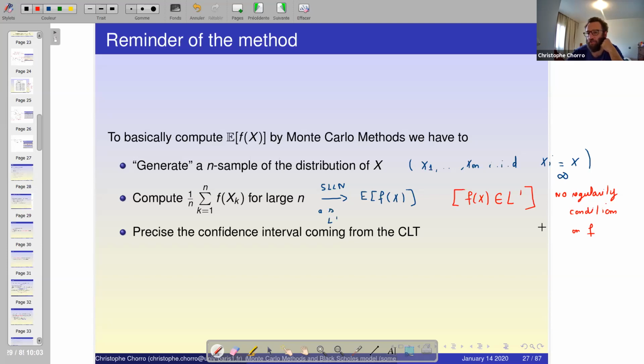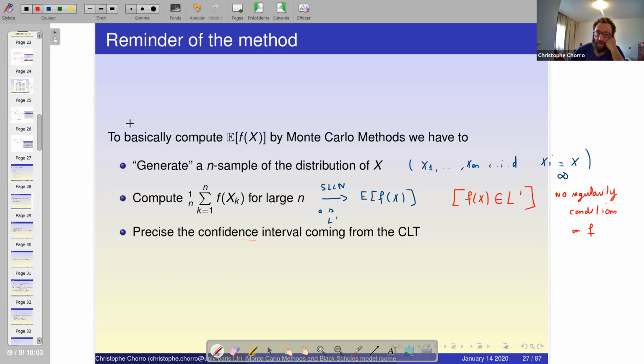I just need to have this integrability condition. And once I have used the strong law of large numbers in order to approximate, fulfilling this hypothesis, then I specify the confidence interval that will be for me a control of the error at a precise level.